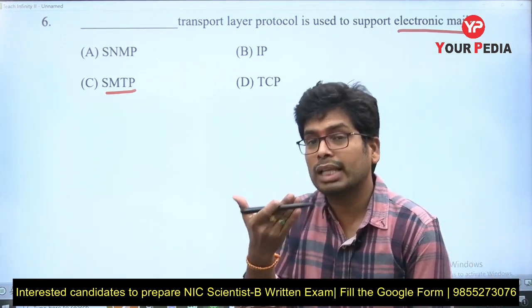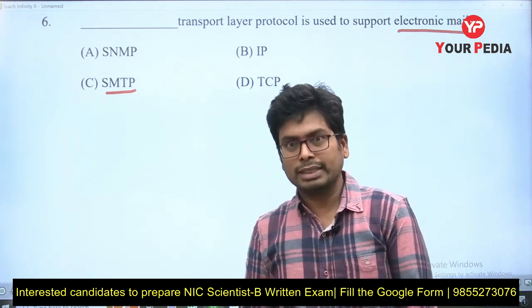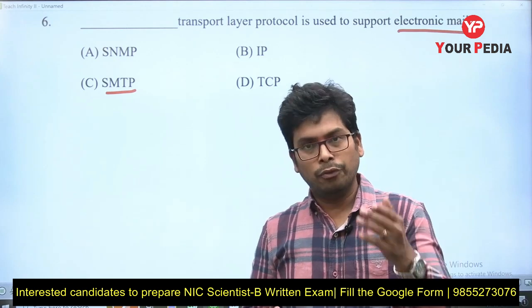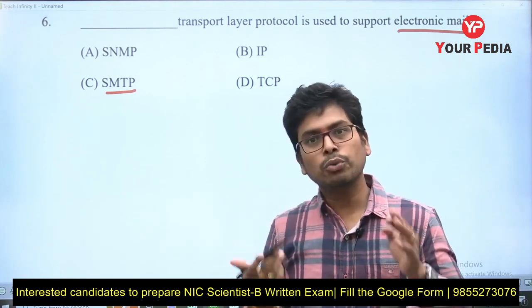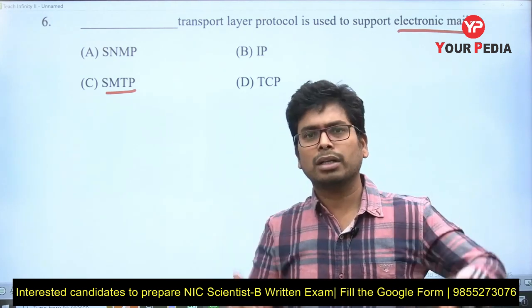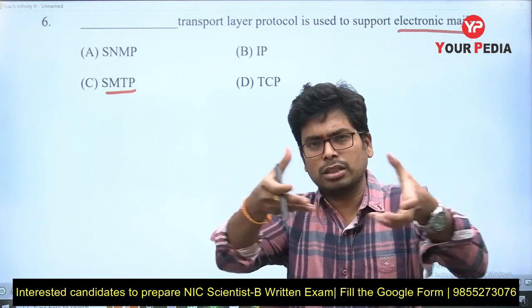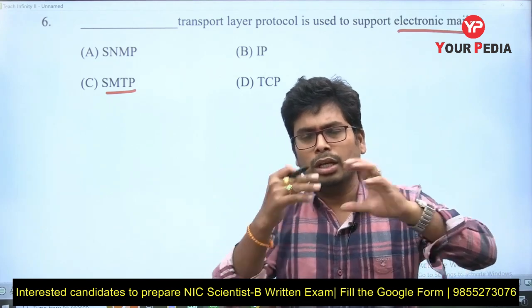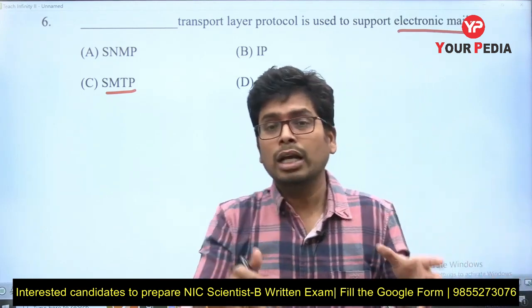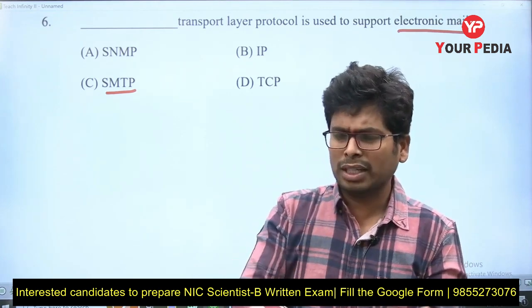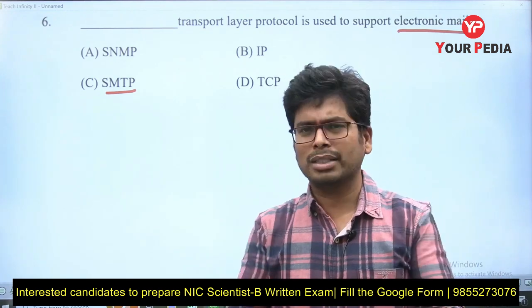Which transport layer? I will give you one example. If you want to send a courier to your friend, if you are sending a greeting card, you will pack it in a paper cover. If you want to send an electronic device, you will pack it between thermocol and use some safety measures. You can take the example of Amazon or Flipkart.